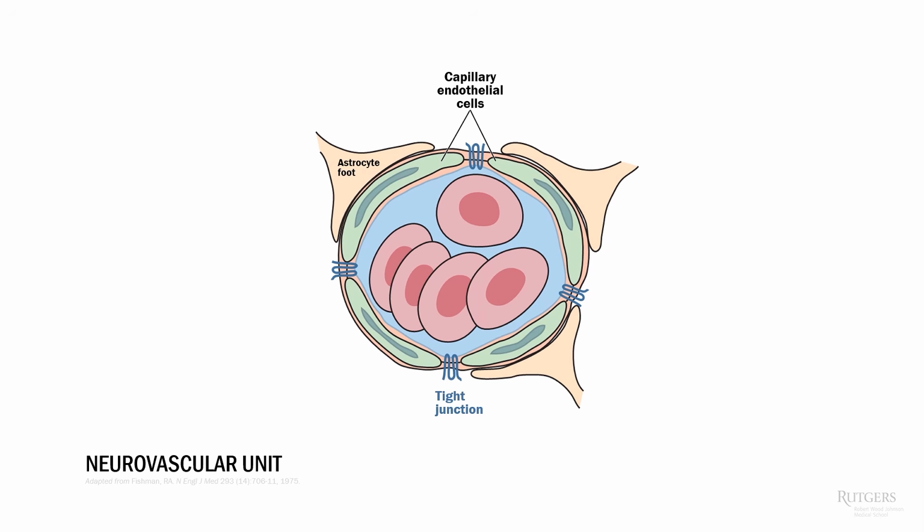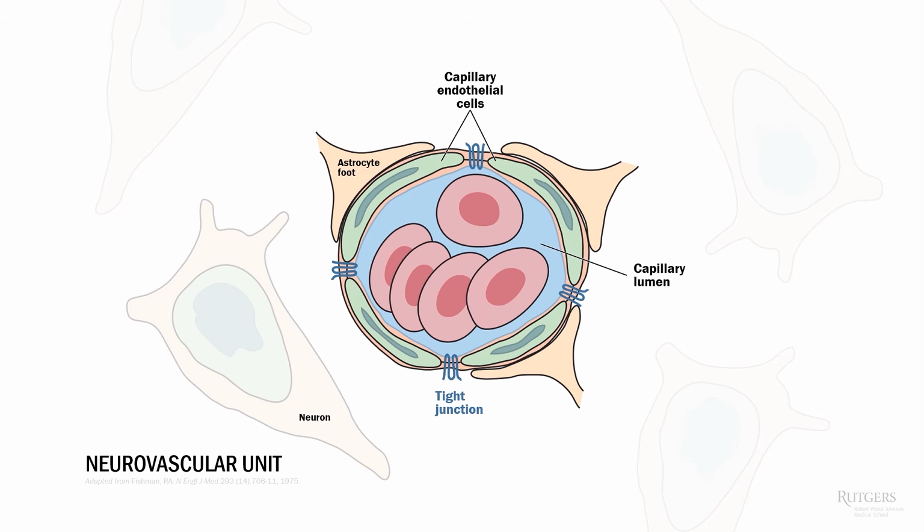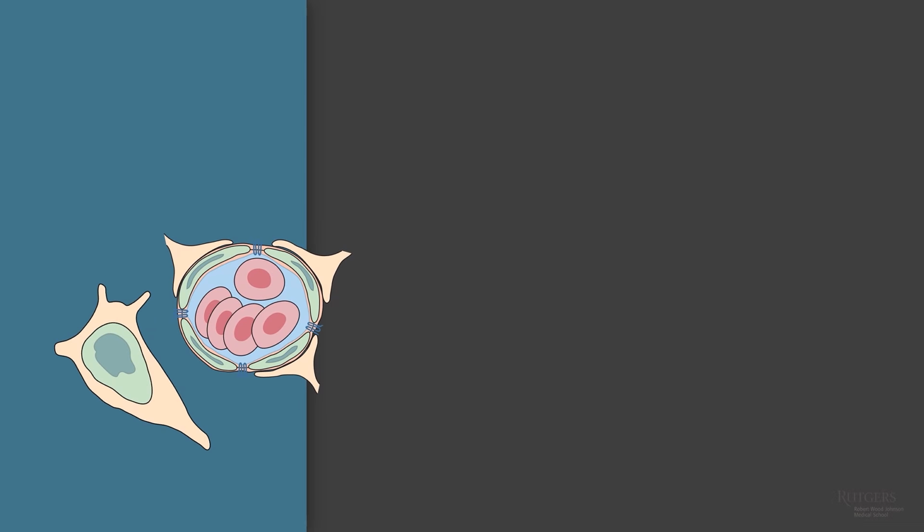Brain parenchyma filled with neurons is outside, and blood is inside the capillary lumen. You may call it a barrier between blood and brain. Oh! Neurovascular unit is a central component of the blood-brain barrier, and blood-brain barrier surrounds the entirety of the brain parenchyma.